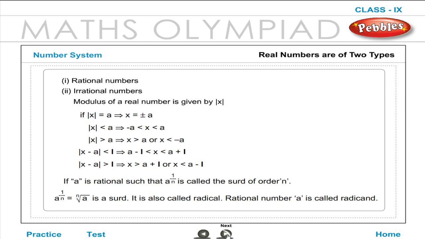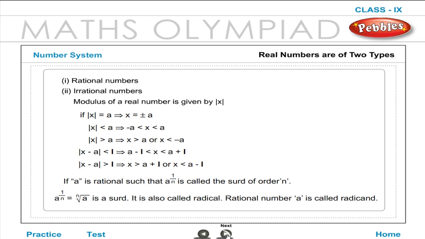Mod of x greater than a implies x is greater than a or x is less than minus a. Mod of x minus a is less than L implies a minus L is less than x less than a plus L. Mod of x minus a is greater than L implies x is greater than a plus L or x is less than a minus L.